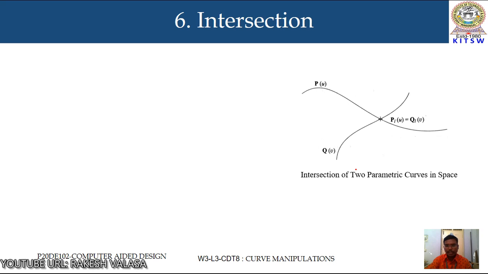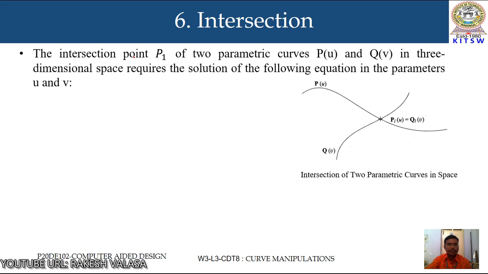Intersection of two parametric curves in space. The intersection point P1 of two parametric curves, that is P of u and the second one Q of v, in three-dimensional space requires the solution of the following equation in the parameters u and v. Already we know that P1 of u equal to Q1 of v.